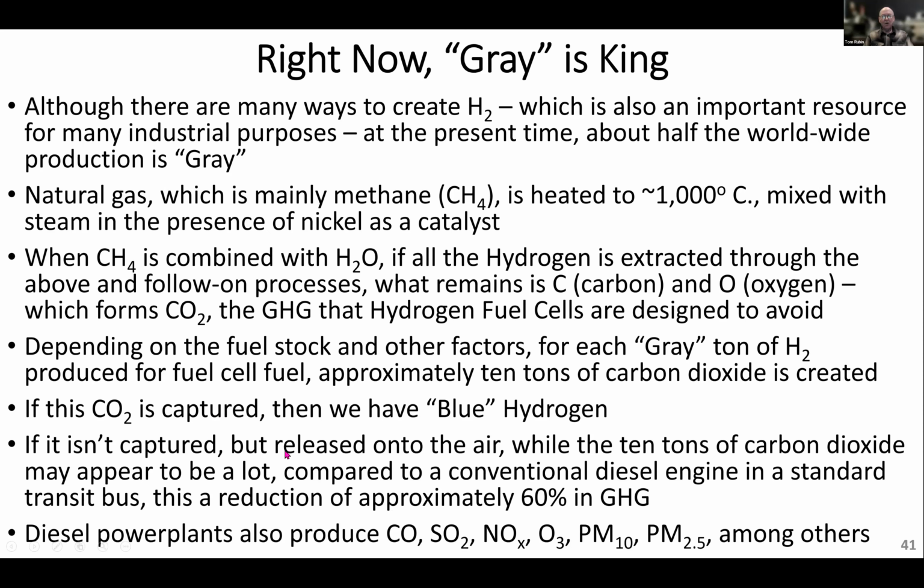But if you don't capture it and you release the CO2 in the air, for every ton of hydrogen fuel, you create 10 tons of carbon dioxide. Now that sounds really bad. It says you're creating more GHG than you are fuel, and in terms of weight, you are. But compared to a conventional diesel engine in a transit bus, that's still reducing the greenhouse gases by 60%.